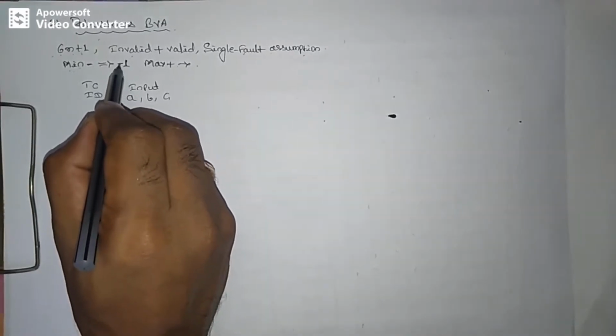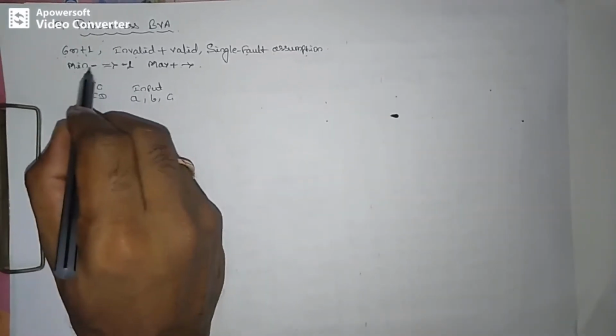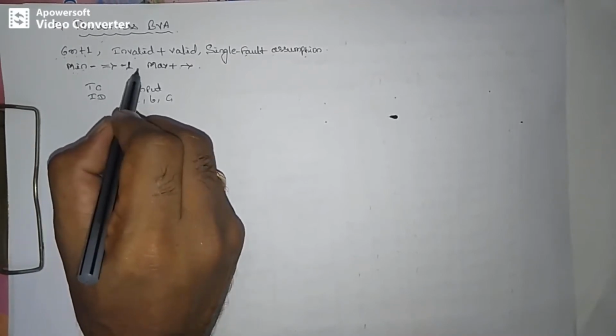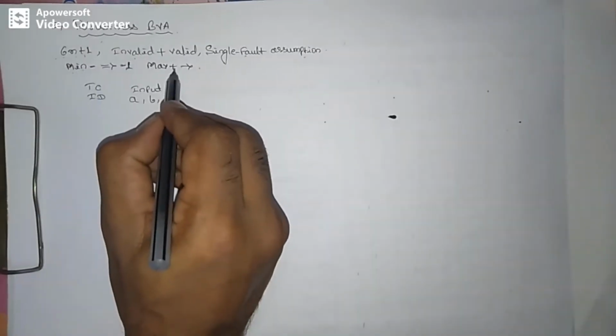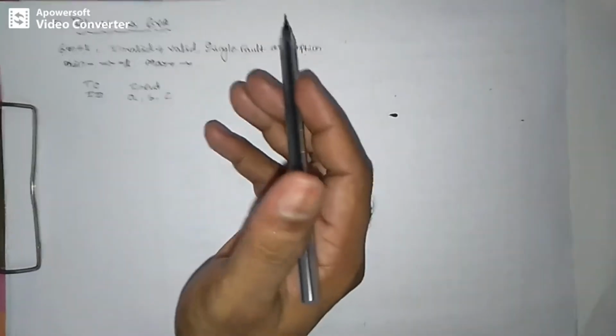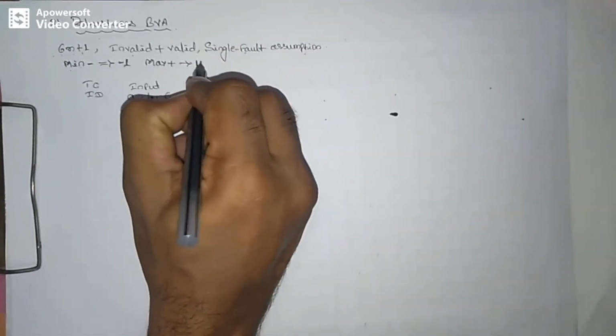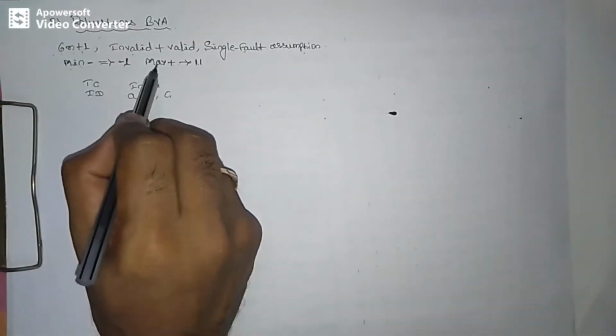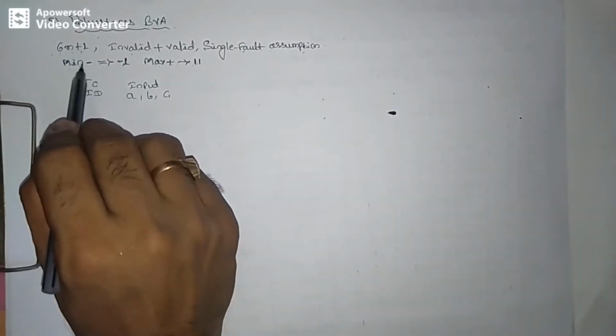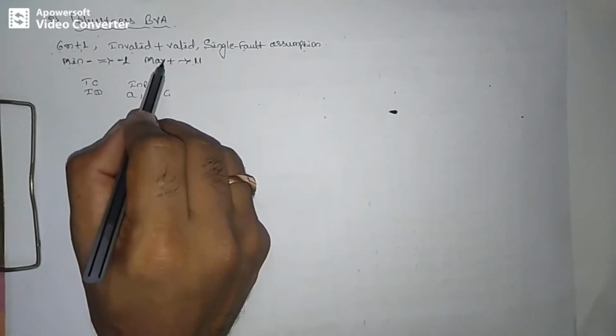But here I am considering minus 1 as the minimum minus value for my triangle problem. And the maximum plus value is the upper limit plus 1. The upper limit is 10, so 10 plus 1 is the maximum plus, that is 11. These two are the invalid input values for the triangle problem.